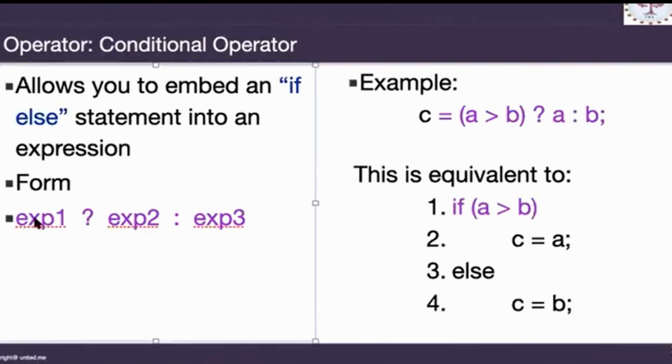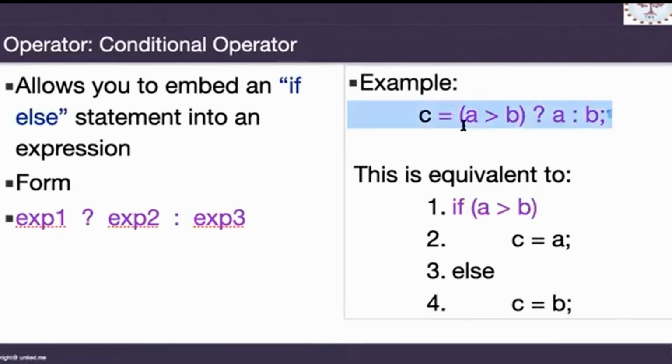What happens is that you write one expression here, and if this expression is true, then this value is executed, and if this expression is false, then this value is executed. For example, if you have two variables a and b, and you want to test whether a is greater than b, and assign the maximum value of these two variables to another variable c, then if a is greater than b, a is assigned to c, and if a is less than b, then b is assigned to c.